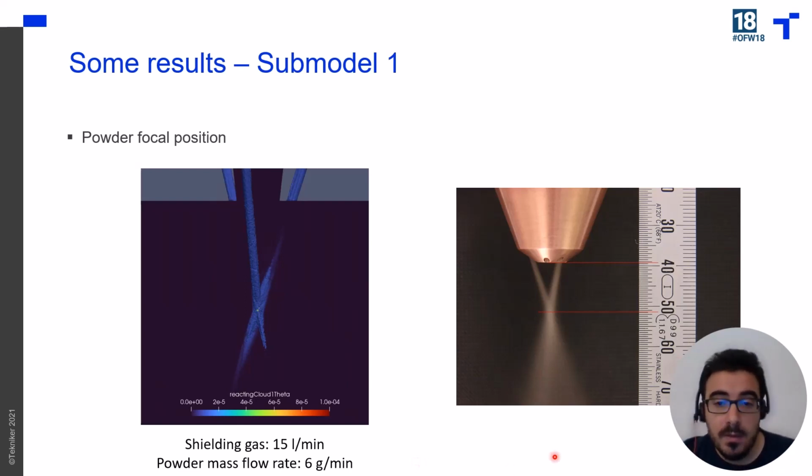So here you can see on the right hand side a picture of our actual nozzle, and we see that the powder converges more or less at 12 to 13 millimeters from the nozzle tip. So to see if this checks with the model, we have extracted the void fraction of the Lagrangian cloud, and we have extracted some profiles that I will show you in the next slide.